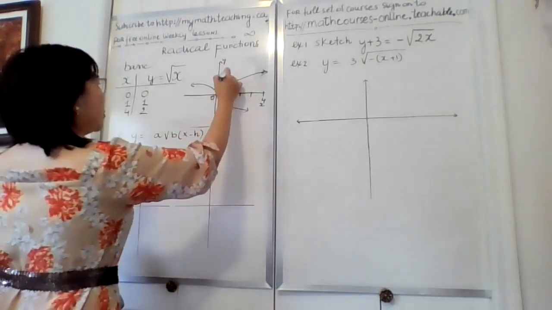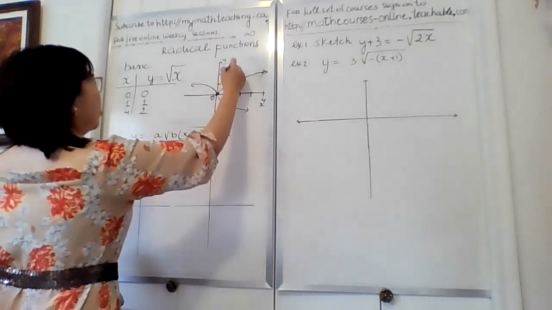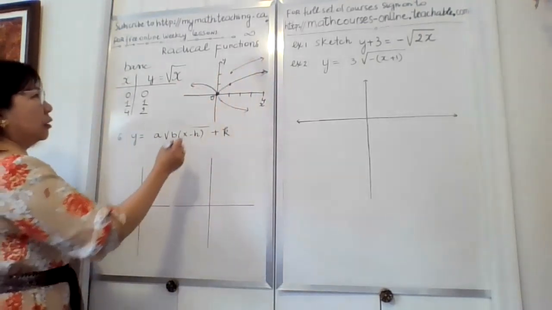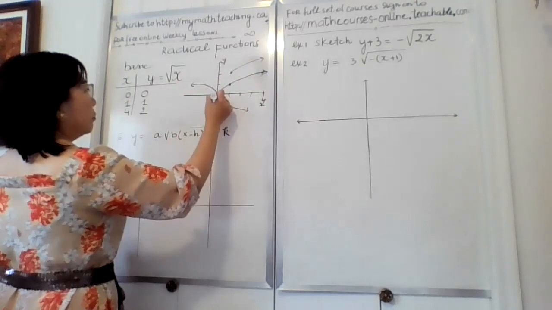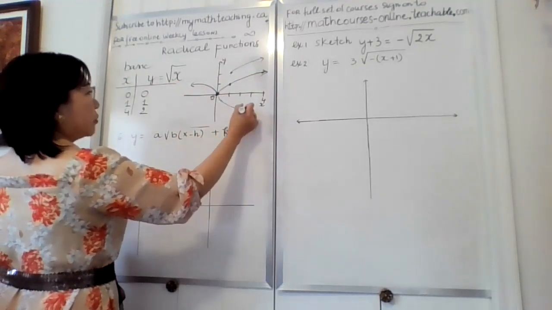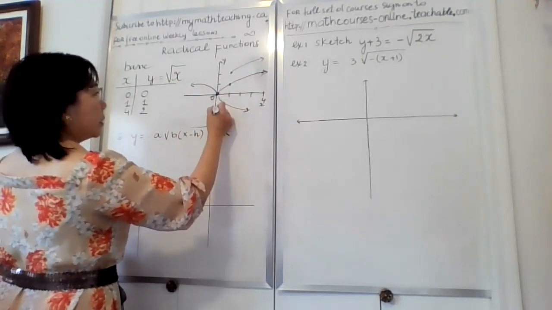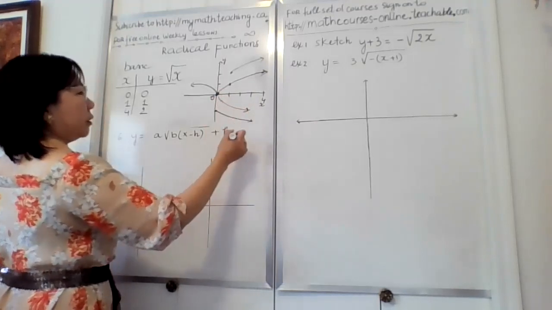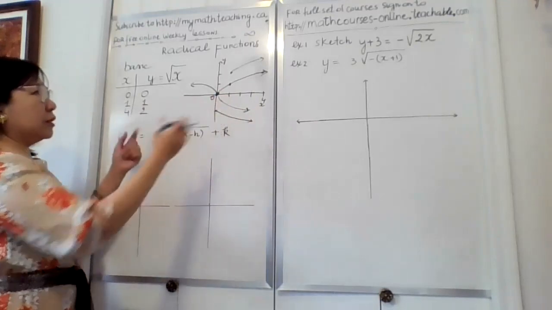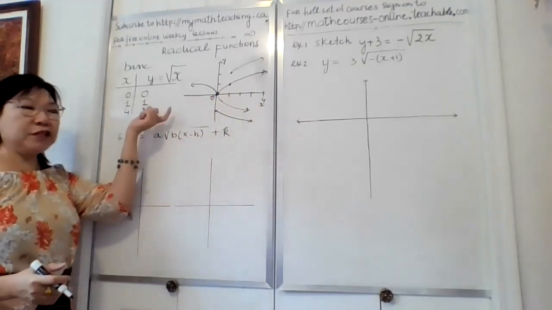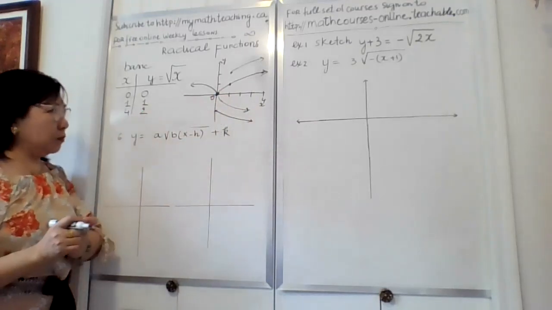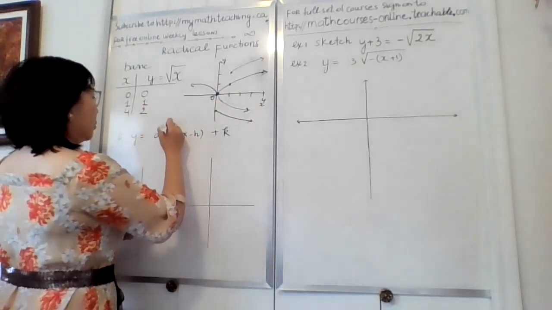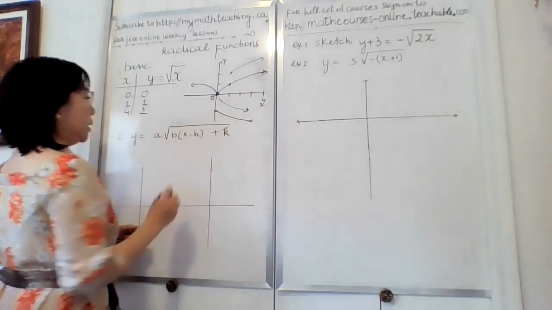We might have this radical shifted up by 1 unit, or we might have this reflection over the x-axis and shifted down by 1 unit. So that is a basic feature about the radical. Now let's talk about the radical in terms of transformation.